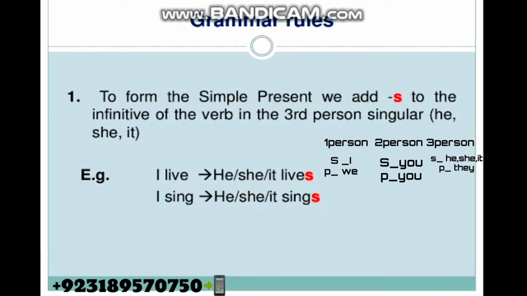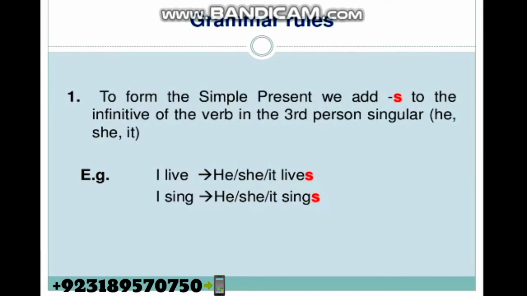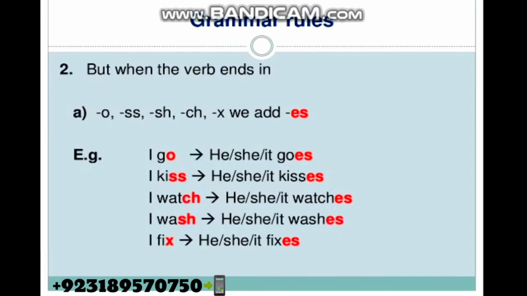So if someone asks you why we use are or a plural verb with you, the answer is that you is the second person singular as well as the second person plural. In third person, he, she, it is singular and they is plural. With he, she, it we put s at the end of the verb. For example, I live, I sing, he lives, he sings.